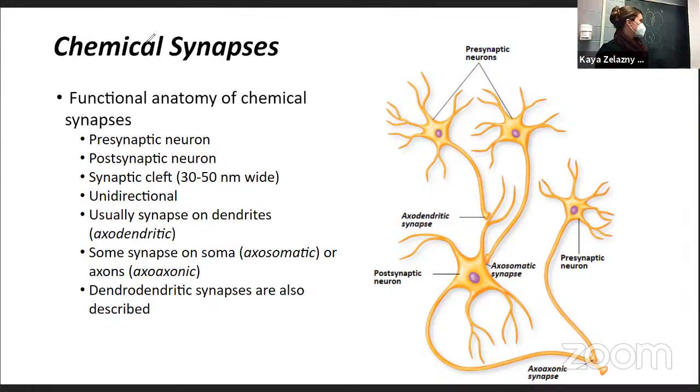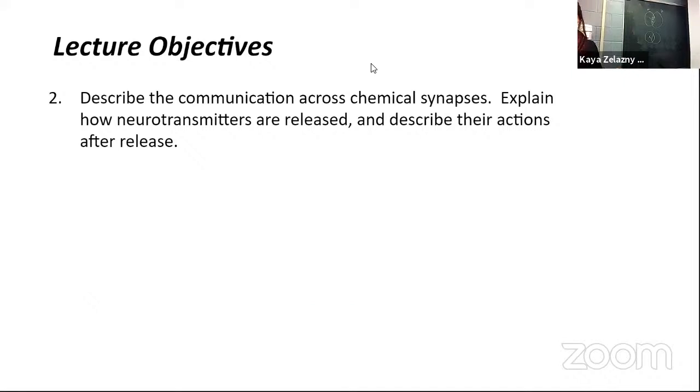Dendrodendritic synapses do exist. When they say are described, they mean like in the literature. For us, we are not going to be thinking about dendrodendritic synapses. So zooming in on a chemical synapse next.